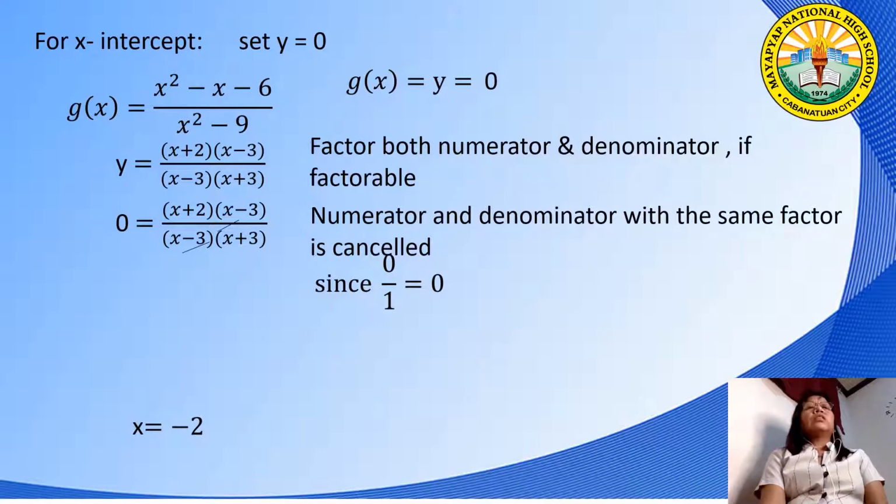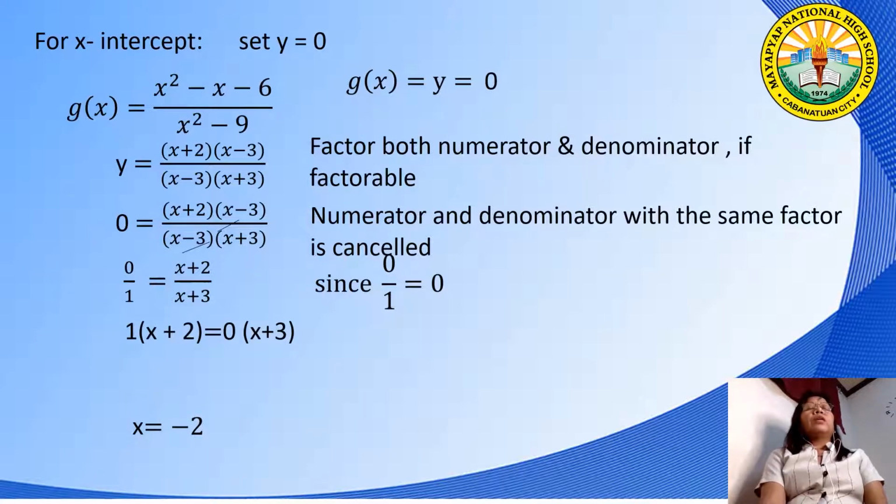So, since 0 over 1 equals 0, you replace 0 by 0 over 1, then it equals the remaining quantity on the right side, x plus 2 over x plus 3.